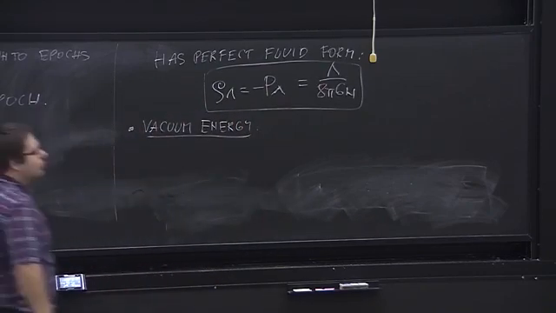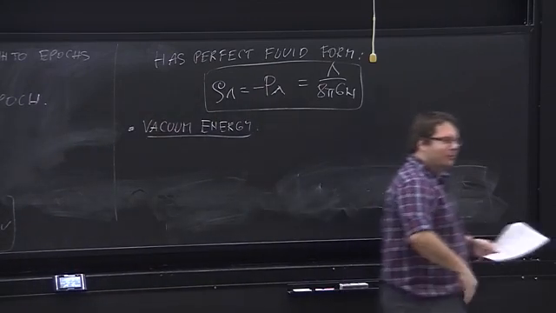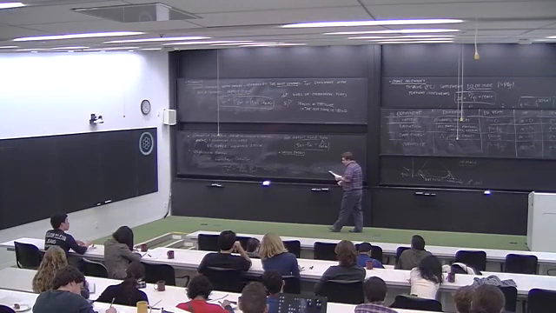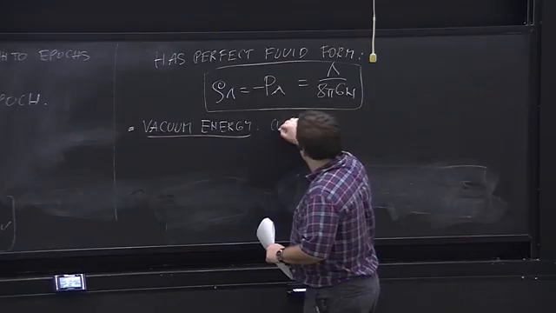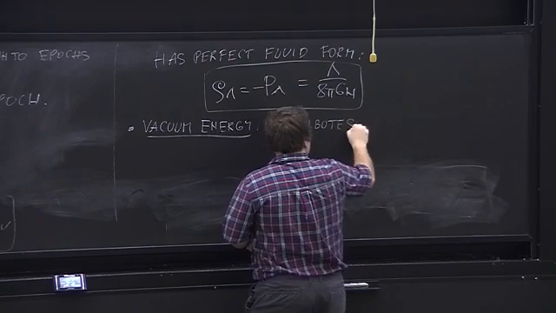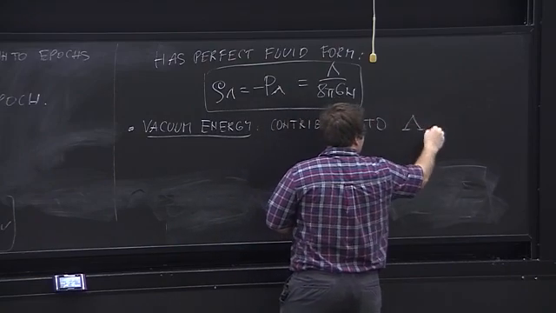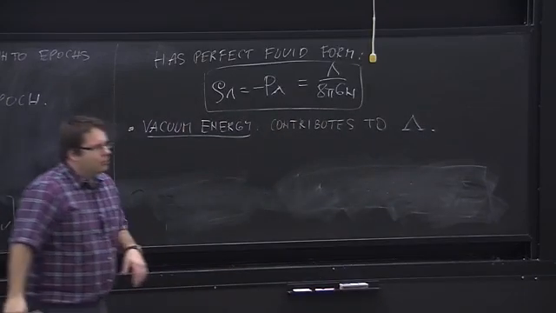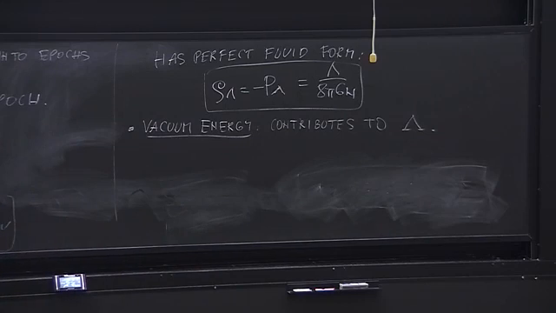So vacuum energy, which are the crazy fluctuations of quantum fields in your space-time, definitely contributes to the value of lambda. So people try to associate that, really, lambda is nothing else than these vacuum fluctuations of quantum fields.